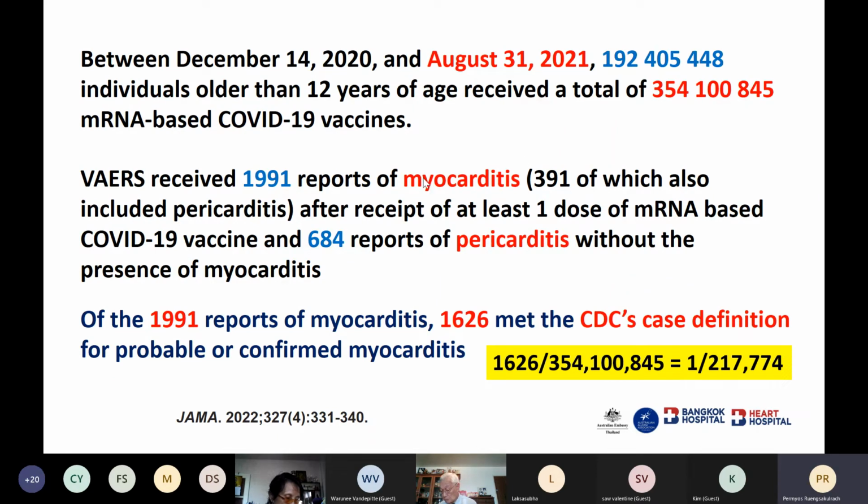Okay. Myocardium is the heart muscle. Ditis is the inflammation. Myocarditis is heart muscle inflammation from the vaccine, and pericarditis is heart sac inflammation. Okay, its incidence is about 1 in 200,000, so it's not very high.